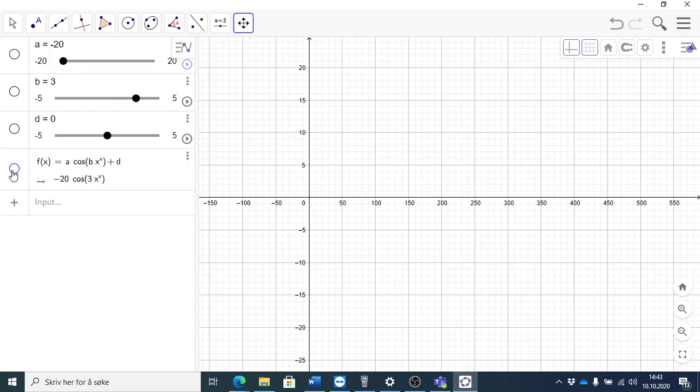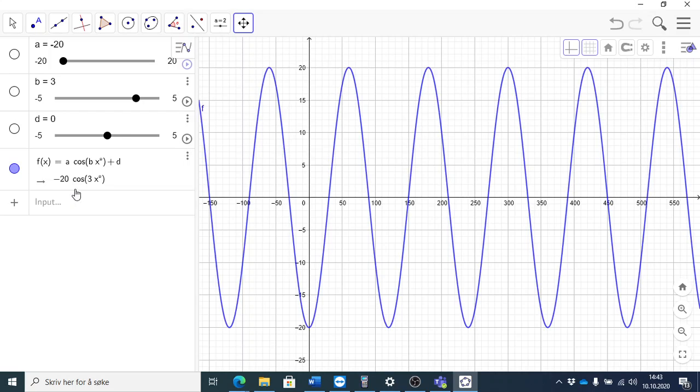And if I draw that, it's going to look like this, and this is the function -20 multiplied with cosine of 3x. And what we can notice then is, okay, we have an amplitude of 20 because the principal axis goes through the x-axis. So we have a minimum value of -20 and max value of 20.